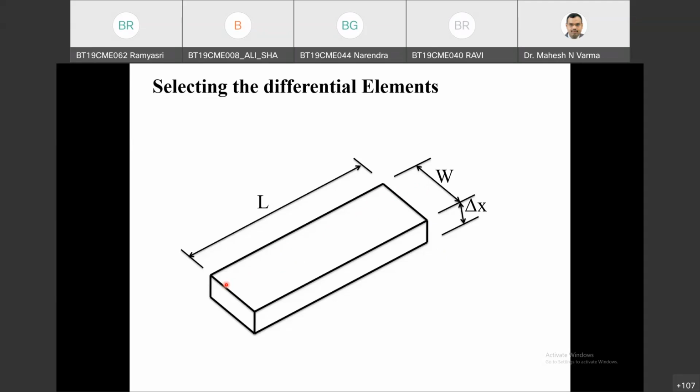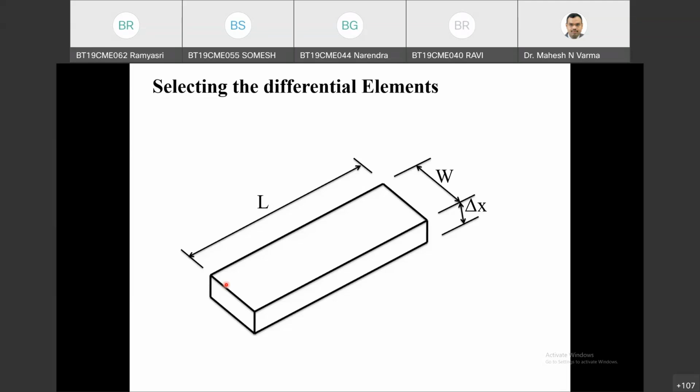So what will be the volume of my differential shell? The surface area will be L into W and the height will be delta x. This will be the volume of my differential shell.